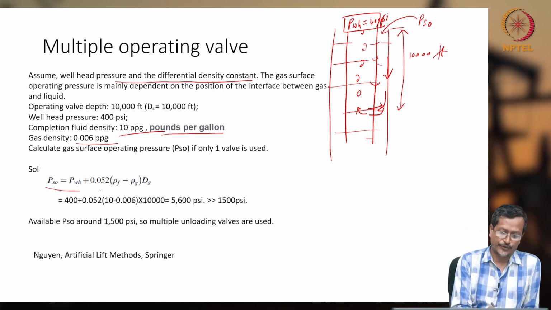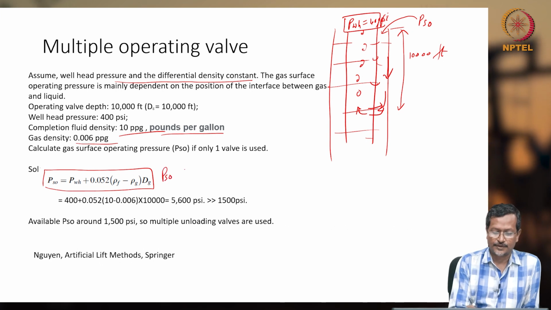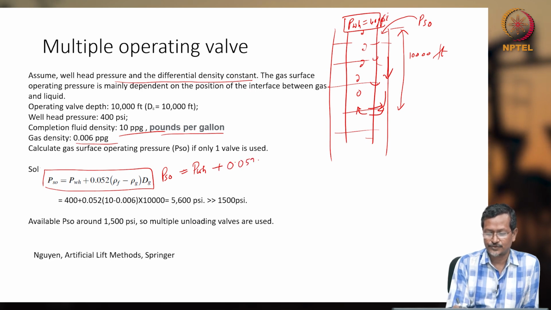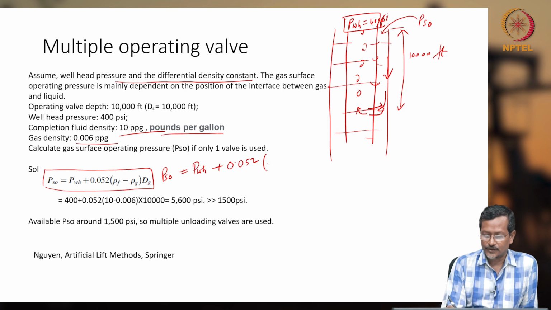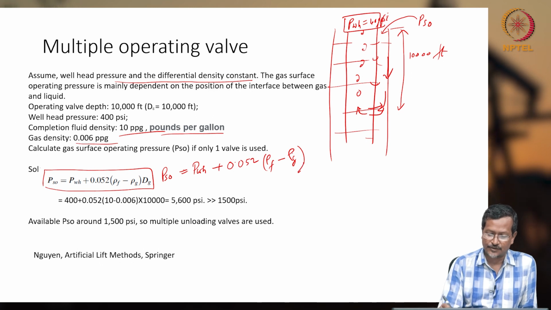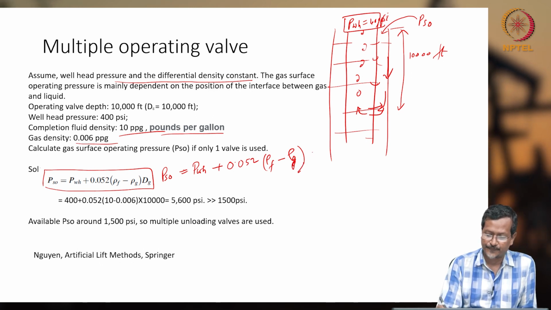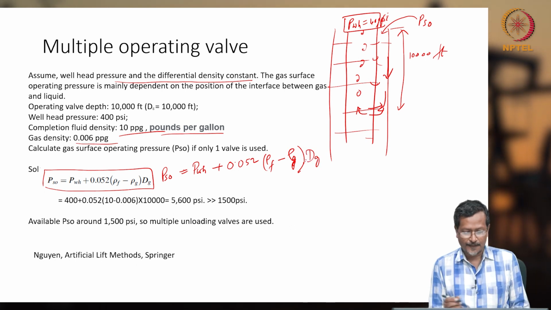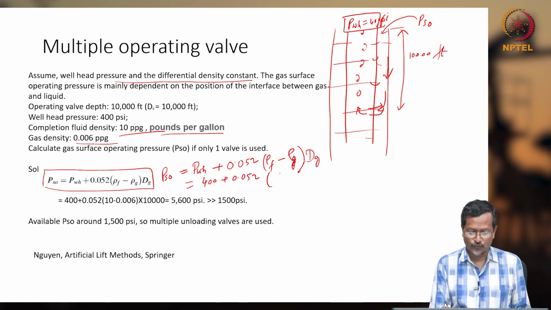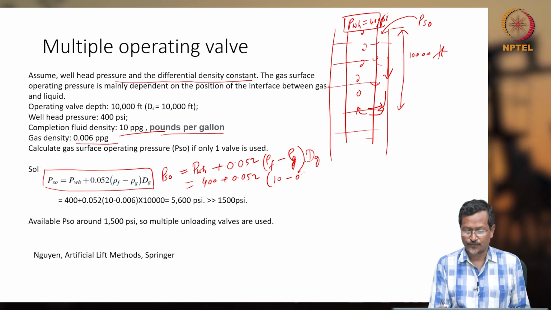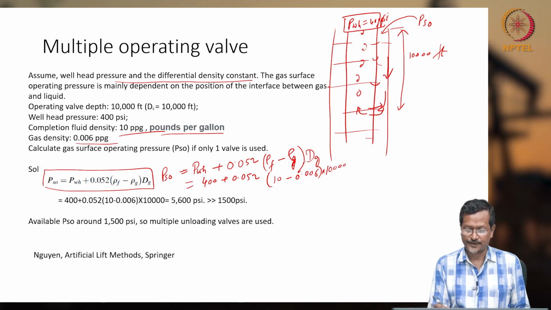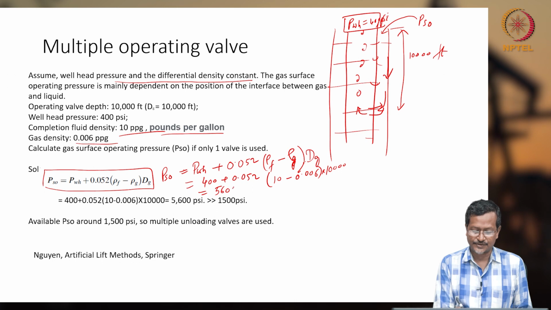The formula we know is PSO equals P wellhead plus 0.052, this is the unit conversion factor, times rho fluid minus rho gas, density of fluid minus density of gas, times depth D. If I put the values, 400 plus 0.052 times rho f given as 10 minus rho g given as 0.006, times depth given as 10,000, this value gives 5600 psi.